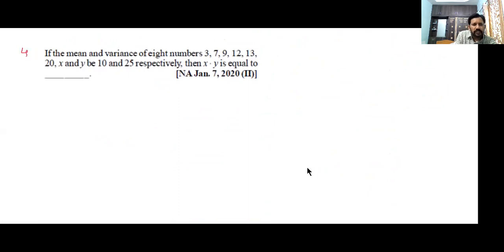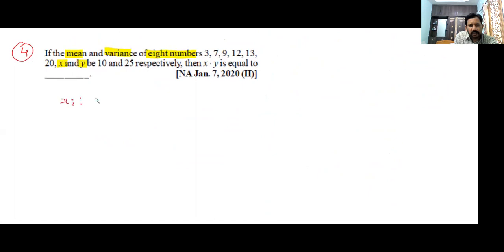Okay. So I'm going to another question. The fourth question. Here observe that these models we have already done. Mean and variance of 8 numbers 3, 7, 9, 12, 13, 20, x and y. Two observations are not given, so we need to find those observations.